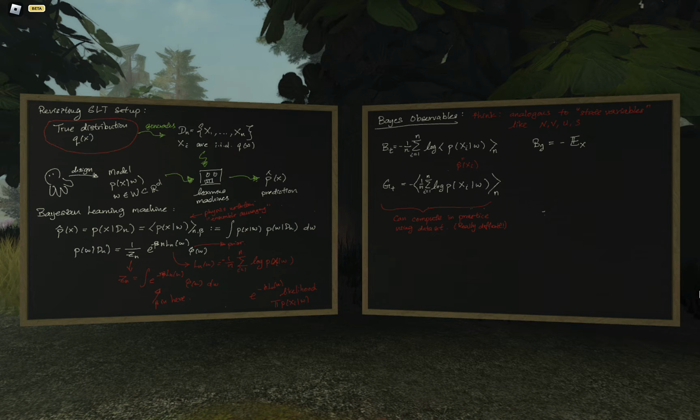So once you have the Bayesian learning machine, pin down your beta or something, then everything in here is just sums and integrals over the data set, with the data set as input and integrals over the parameter space. Right, and then there are the theoretical quantities, where you replace the 1 on n and sum with expectation over the true distribution.